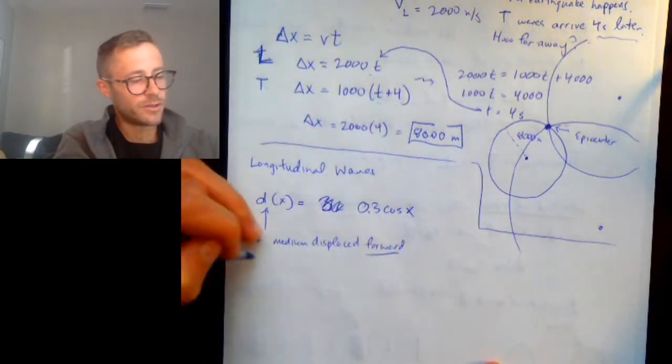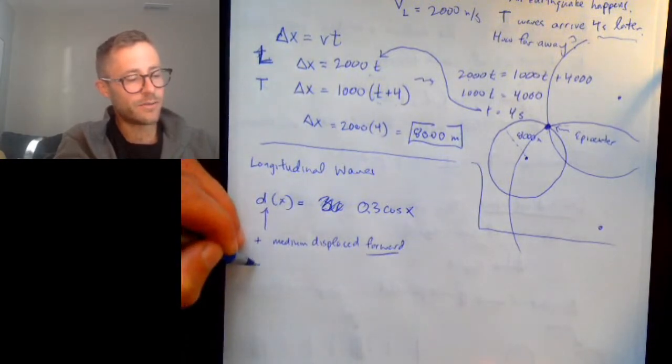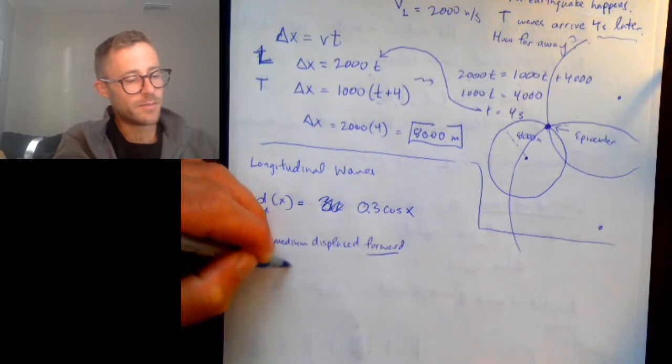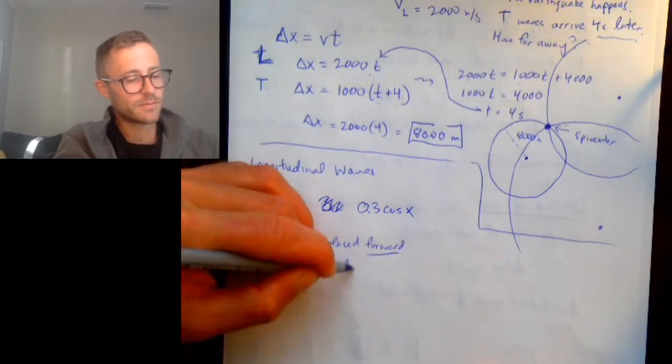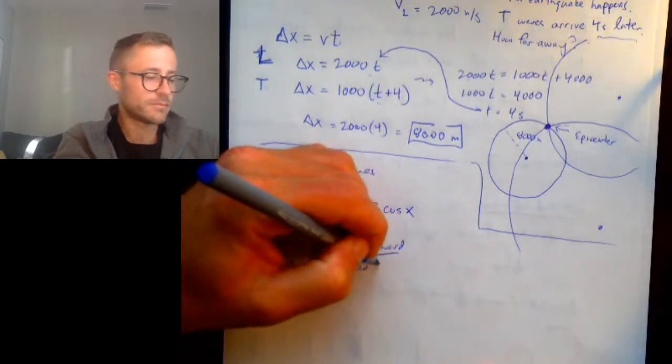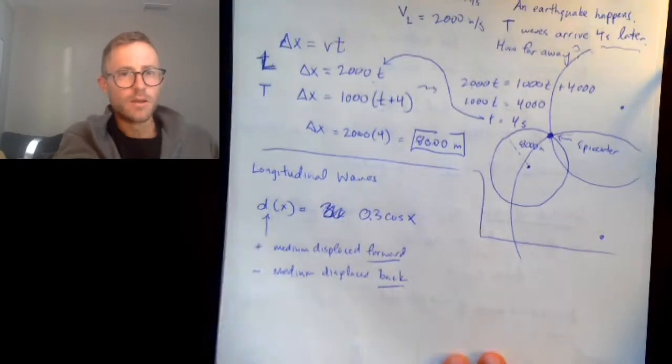And if the displacement as a function of position is negative, that means that the medium is displaced back.